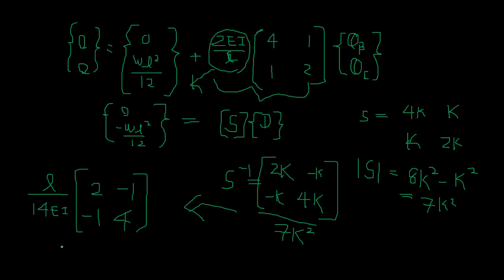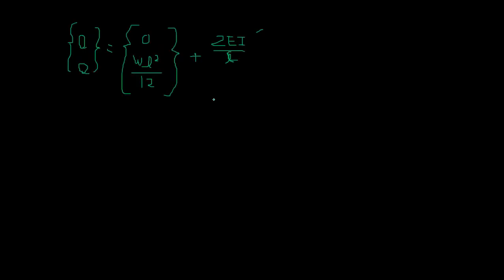K is 2EI over L, 7K is 14EI over L, so multiply it by L over 14EI. So this is the S inverse. I have to multiply this by S inverse to get D. So D is L over 14EI. I can take the WL squared over 12. No, I will take it here.